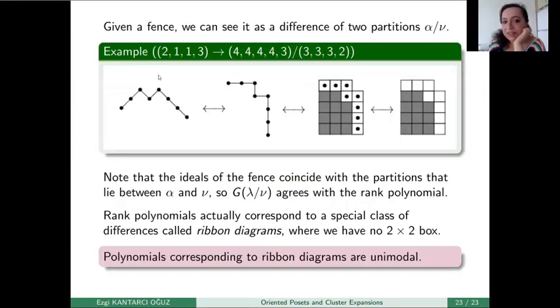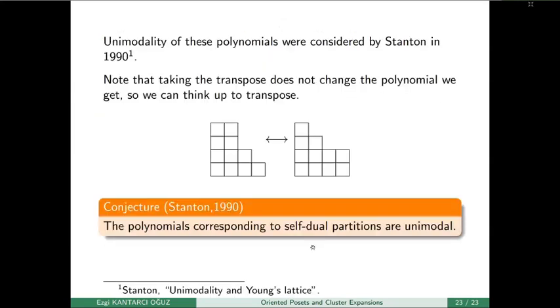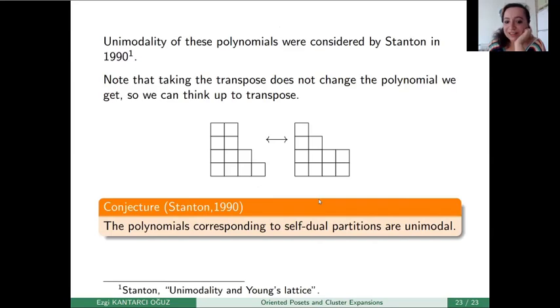Yes, you can think of it like that. The intervals correspond to the ribbon tableau. Right. And I believe it was maybe Dennis Stanton who first observed that not every interval is unimodal. You're fully informed, yes.